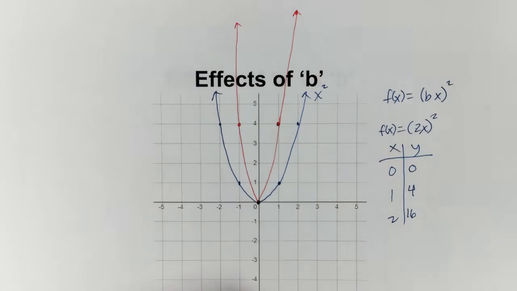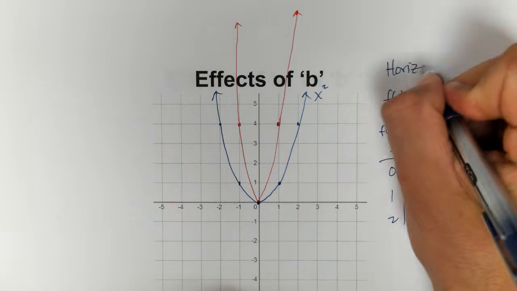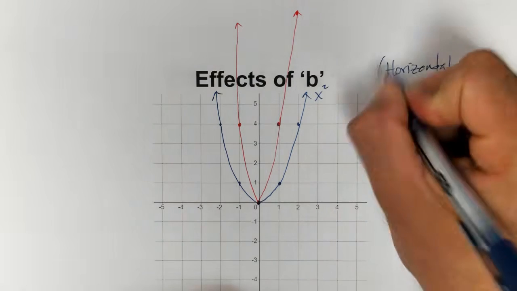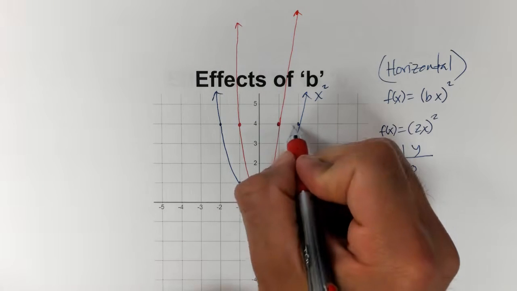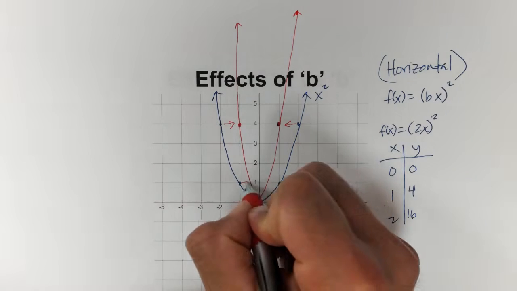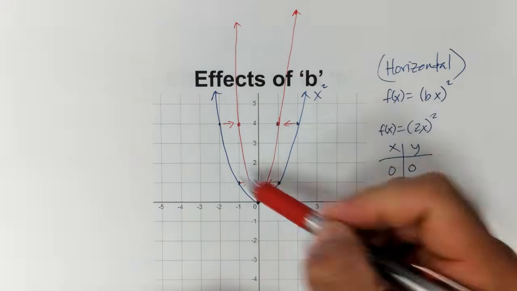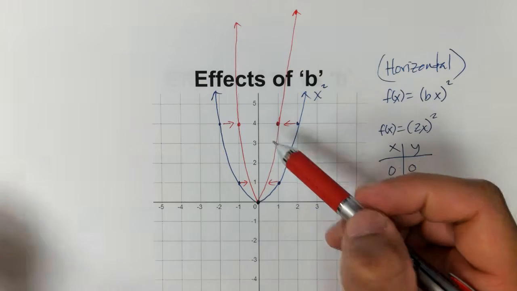Now b, the effects of b will always be referring to any horizontal changes. A helped us figure out all the vertical changes. Well, here, let's describe the function horizontally. What is happening? The points are getting squeezed inward. It's making it narrower, but horizontally speaking, it is compressing the function.